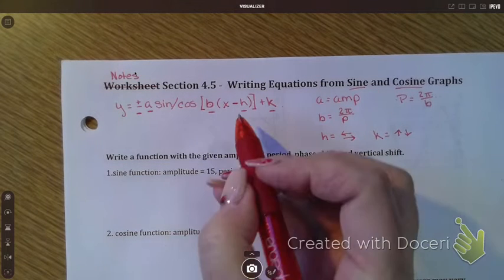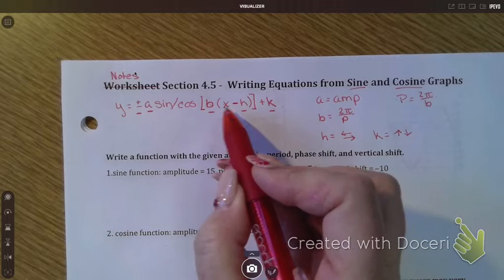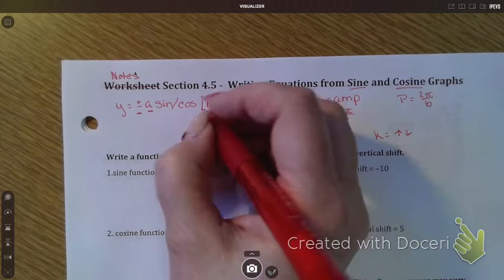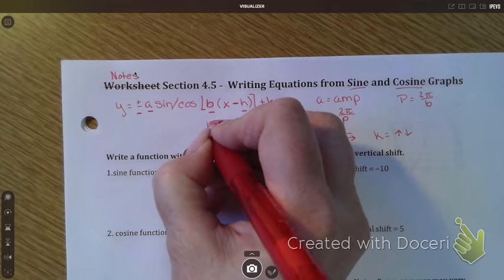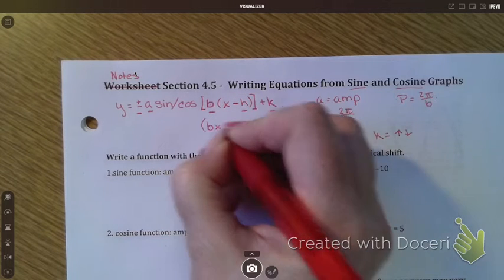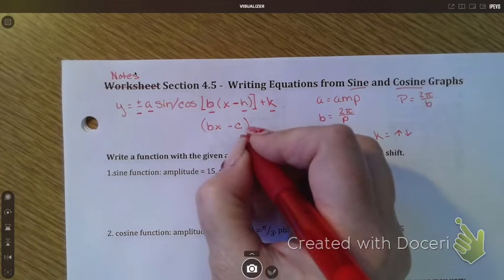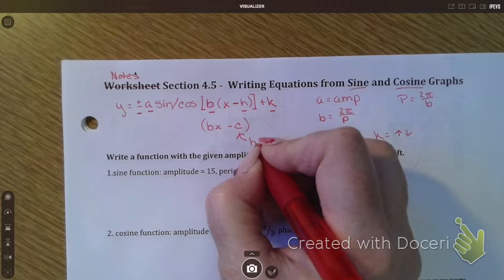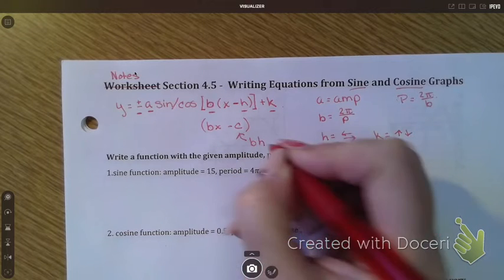So when we write an equation, we're not going to leave it b times x minus h. We're going to multiply it out, and that's where we get our bx minus c that the book has, because c would be b times h.